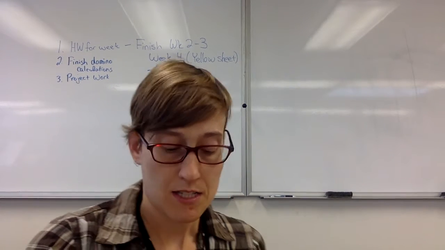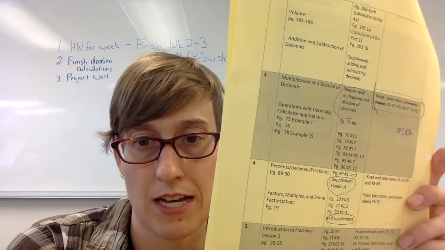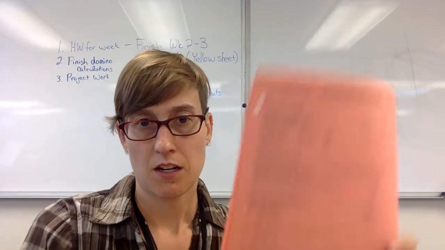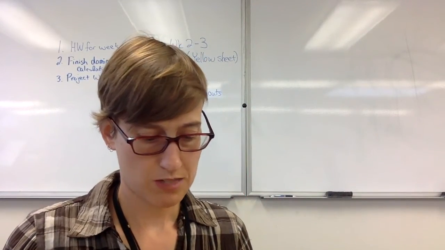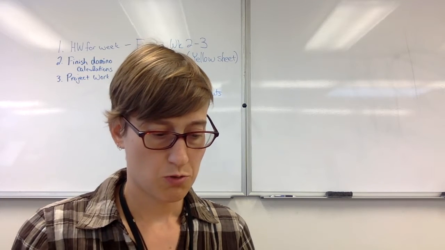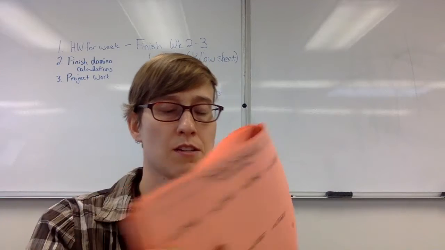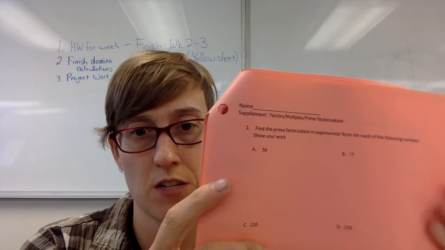Okay. The second thing is you'll notice on your homework sheet that it also has 2 supplementary handouts indicated. These are found in your salmon packet. If you open your salmon packet to after the division of decimals, the next page says factors, multiples, prime factorization.